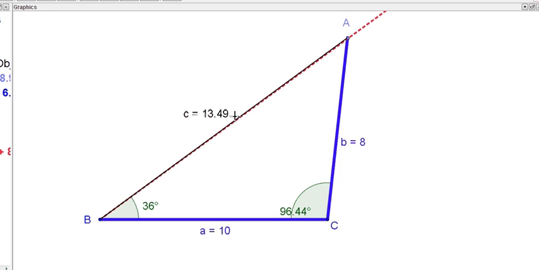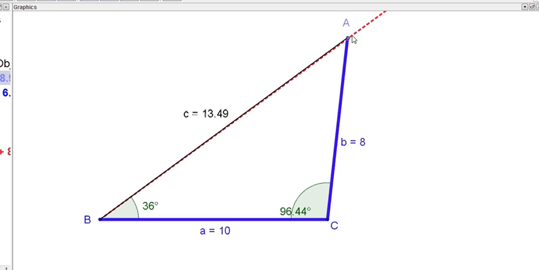And notice here's one possible option with approximately 96 degrees for angle C, meaning that side C is approximately 13.5, and then angle A would be right around 47 degrees.